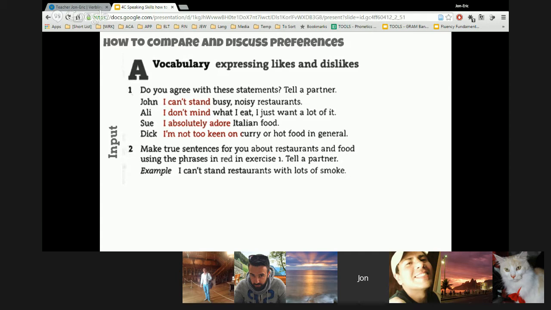Oh, what's wrong with my computer? Give me a second here. There we go. Crave, right? That's it. Yeah. I crave. And you can also say to have cravings, or to have cravings for something.